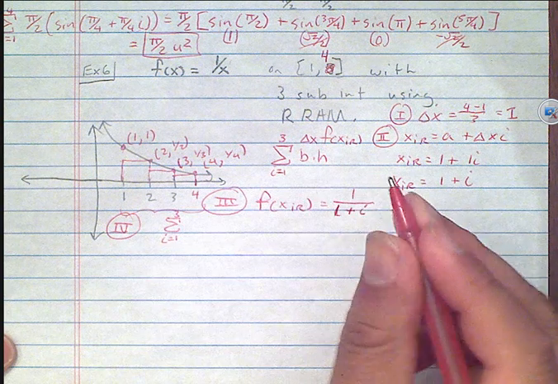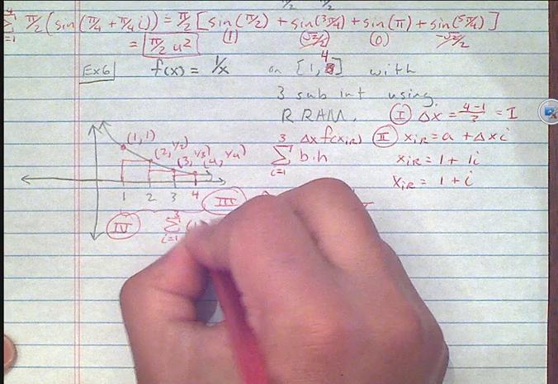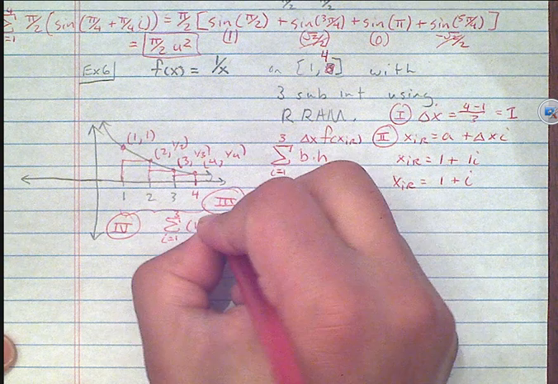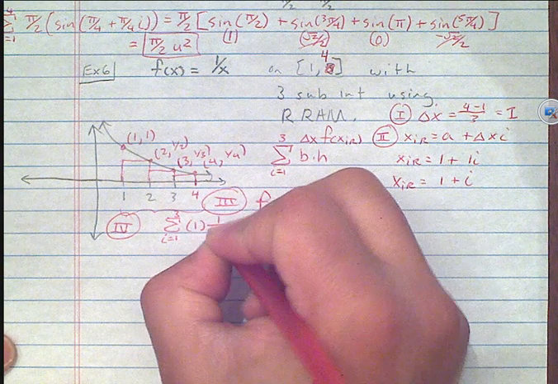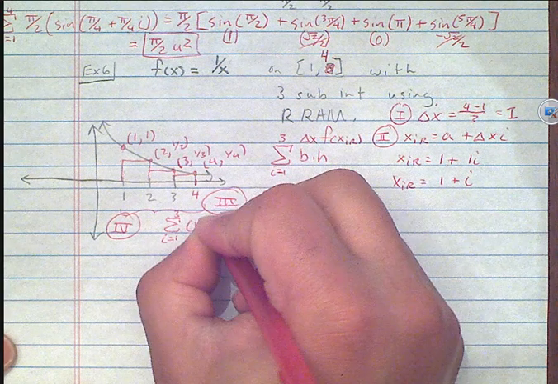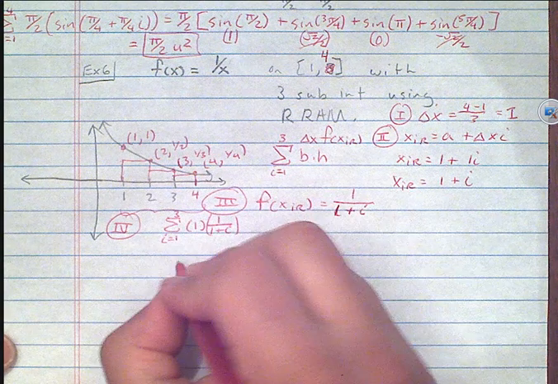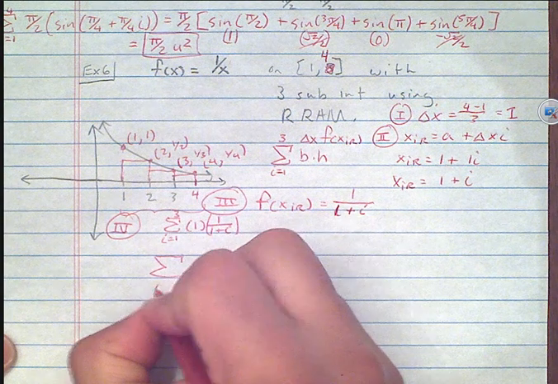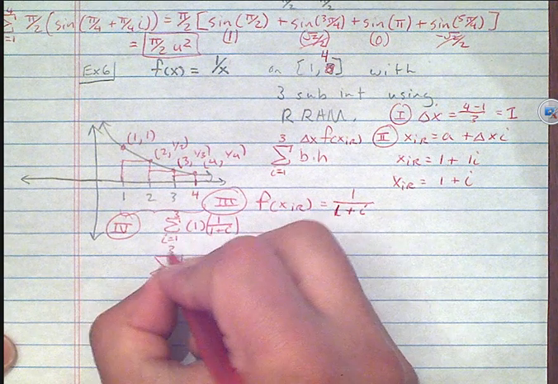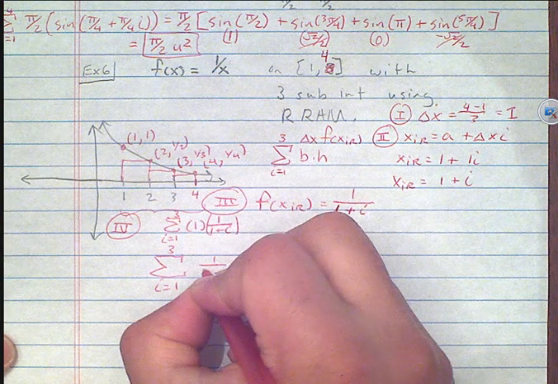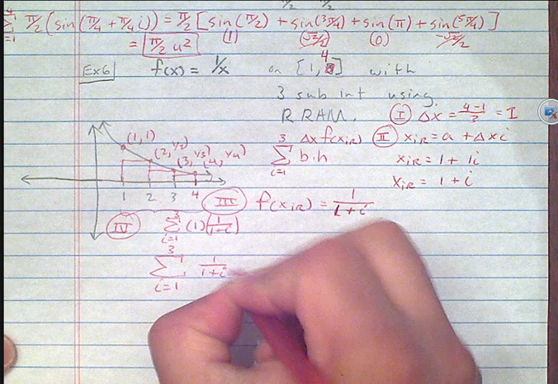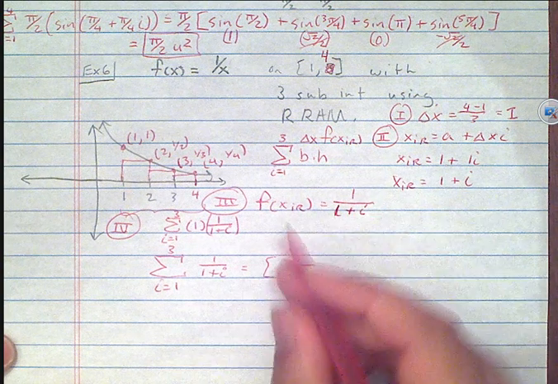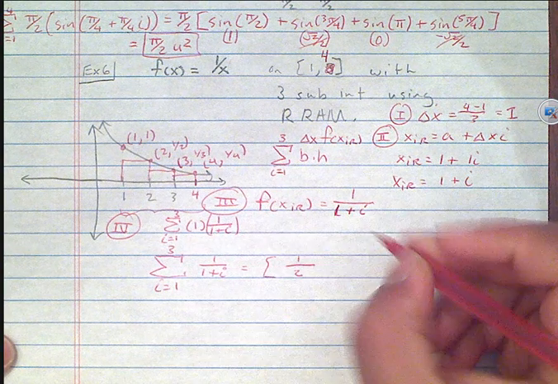Delta x is 1, which I don't even need to put. f of x of i_R is 1 over 1 plus i. Let me simplify this. Let me say i equals 1 to 3. I'm just going to write 1 over 1 plus i. And then I'm going to write it out. No trickeration. Plug in 1, I get 1 over 2. Plug in 2, I get 1 over 3.